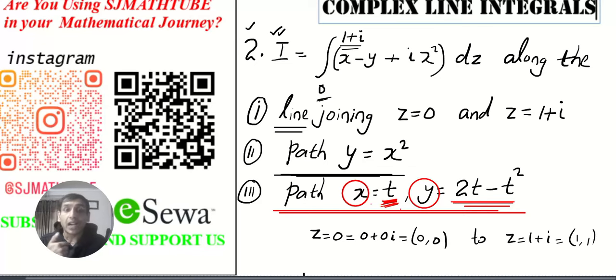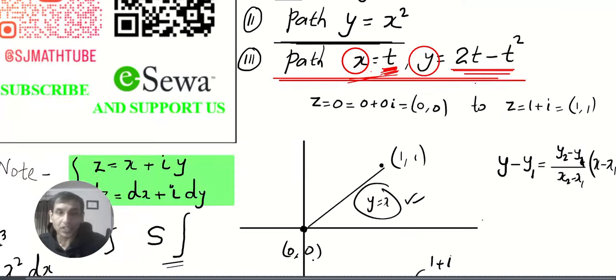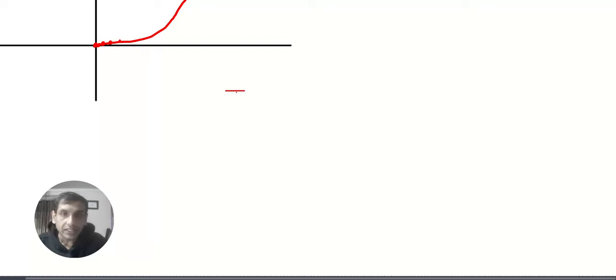That means I want the limits of t. But look at this, t and x are the same. So if you move from 0, 0 to 1, 1, that means x is moving from 0 to 1. And since x and t are equal, t is moving from 0 to 1. So I will just give you a hint. You convert everything into t. So t varies from 0 to 1.